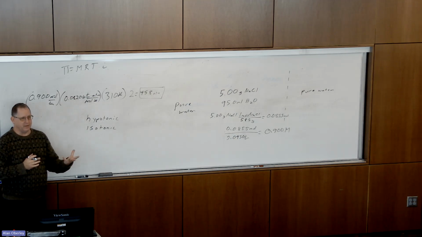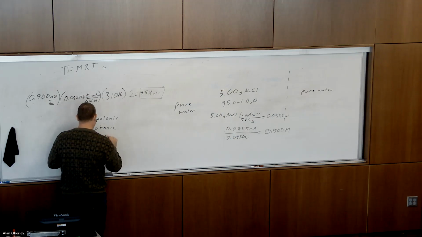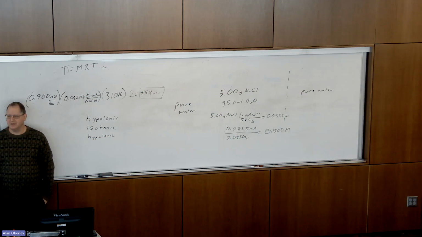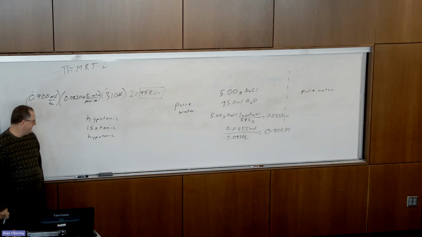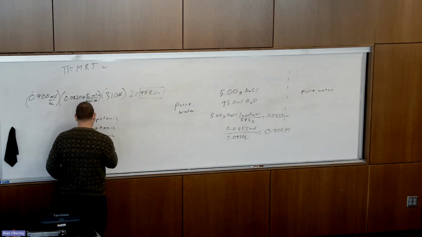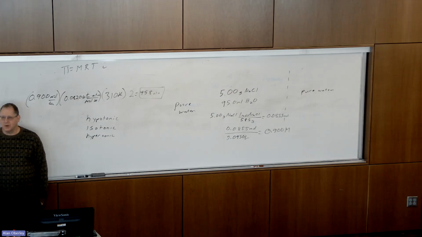If I put it in saturated salt water, it would be hypertonic, and basically the water goes out of the cell and the cell shrivels up. Also a bad problem for the cell. Starting off the semester really good. Okay, keep catching my mistakes.